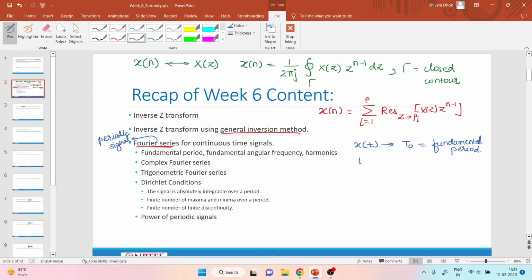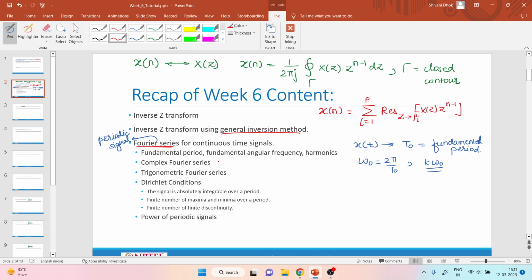Then the fundamental angular frequency omega naught is simply 2 pi by t naught, and all the integer multiples of this omega naught, that is k times omega naught, are basically harmonics of this fundamental frequency.